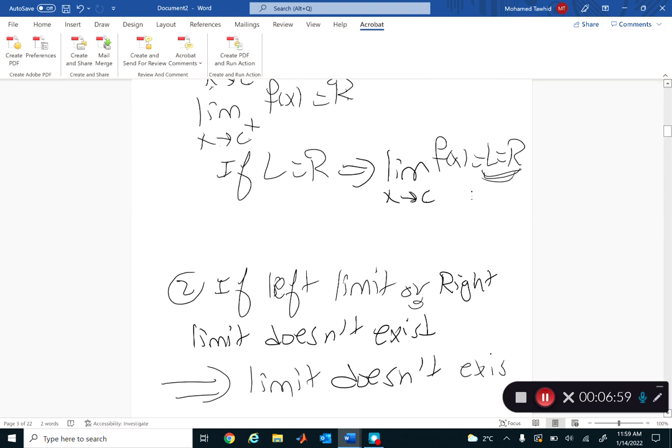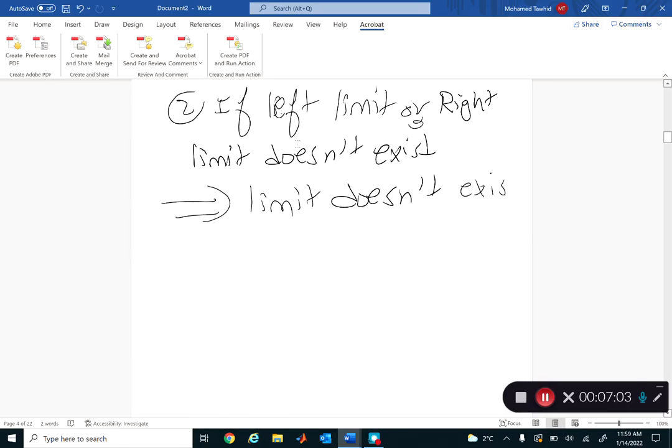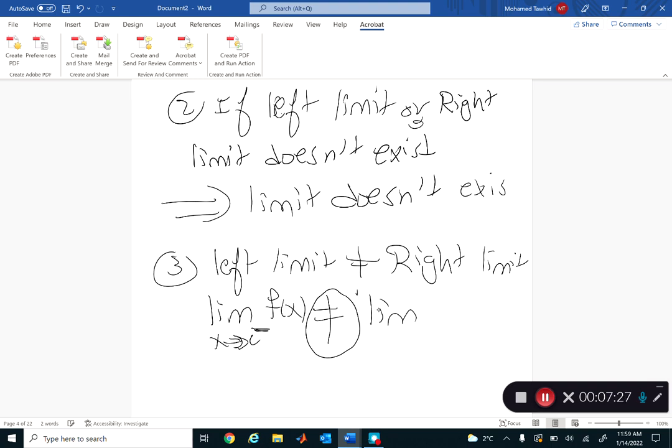Case number 3: if the left limit does not equal the right limit. What I mean here is when you take the limit x close to c from the left for f of x, you get L, which is not equal to the limit x close to c from the right for f of x.